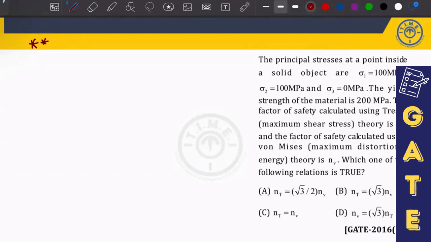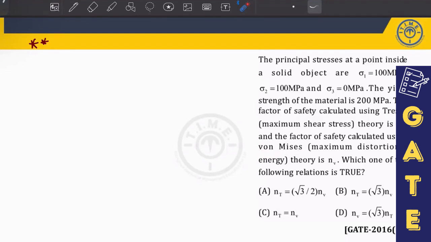You have to find the relation between the factor of safety you get from Tresca and the factor of safety you get from von Mises. They have mentioned the factor of safety for Tresca as small n subscript t, and for von Mises v.